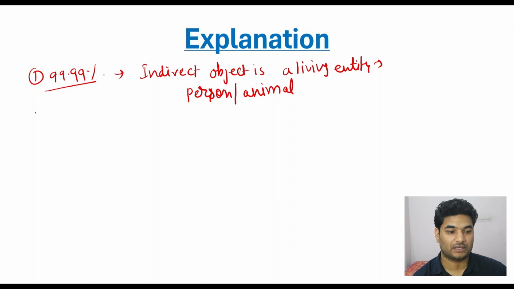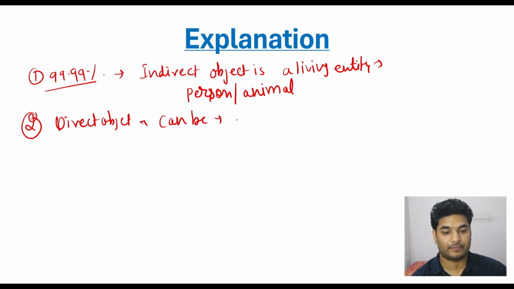All right? And the direct object can be both non-living and living. Non-living, table, book; living, person or an animal.